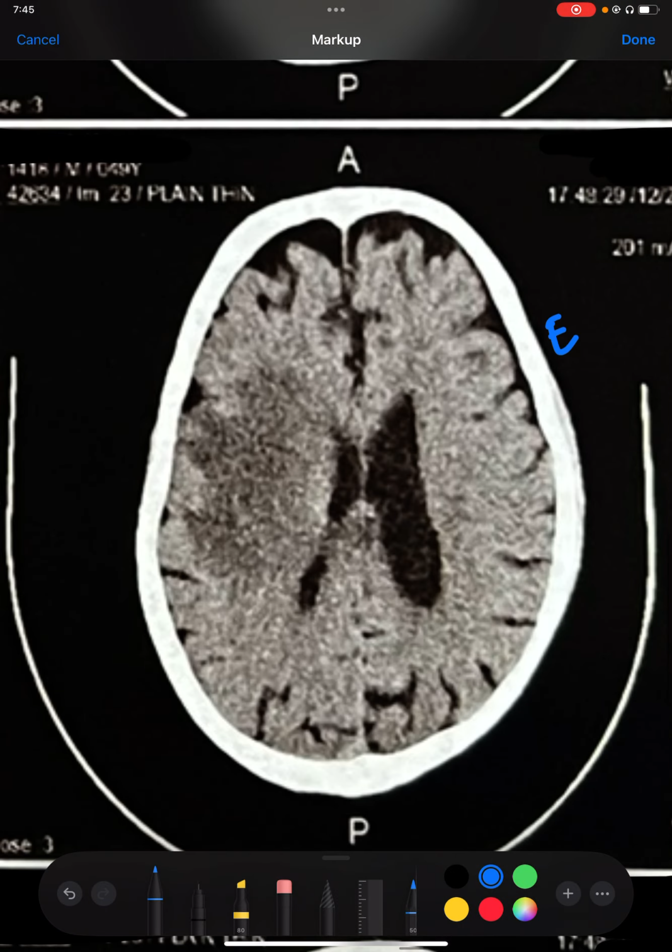Now, edema or acute ischemic stroke appear radiolucent or hypodense. If you can see on this left side, this is the left side of the brain. Just notice this radio density and this radio density.